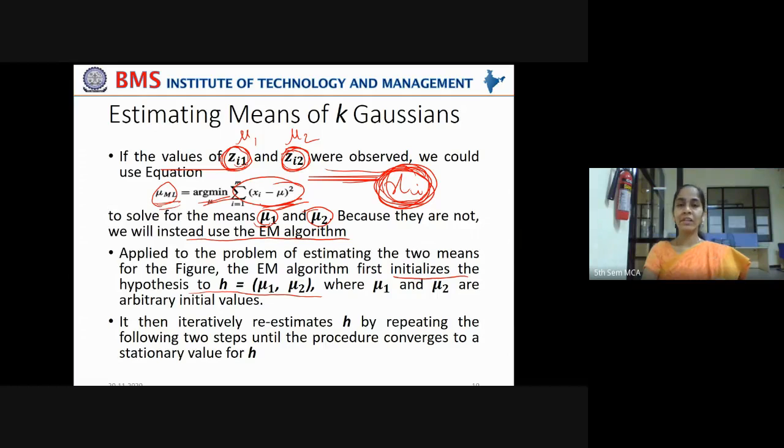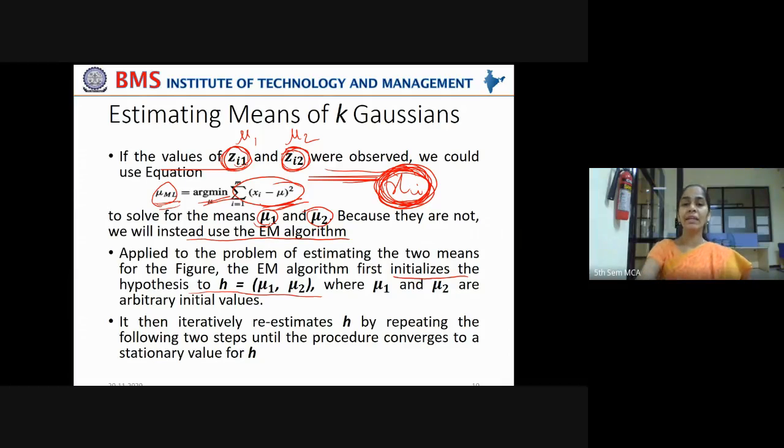So we are just assigning h equal to mu1, mu2. Both means have equal probability of generating this xi initially. We haven't yet found out their maximum probability.